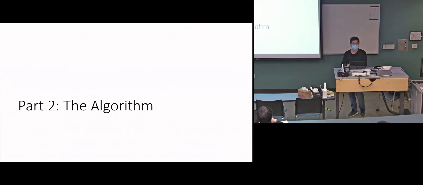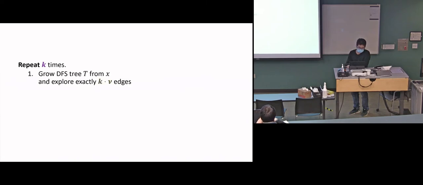So let me tell you the precise algorithm. It's going to be simple. You just repeat this for k times. First, grow some search tree from X. And instead of exploring 100 nu, I say explore k times nu, or 100k times nu, something like that.